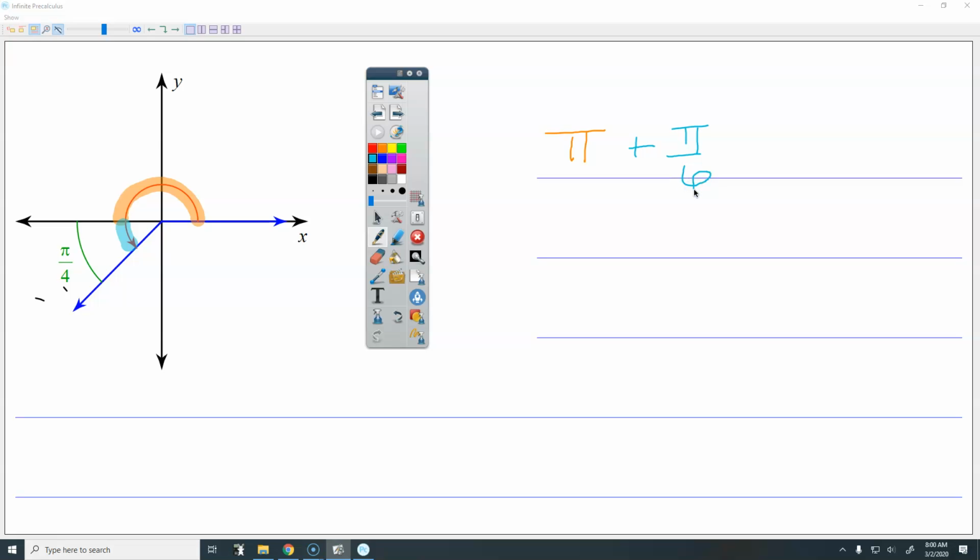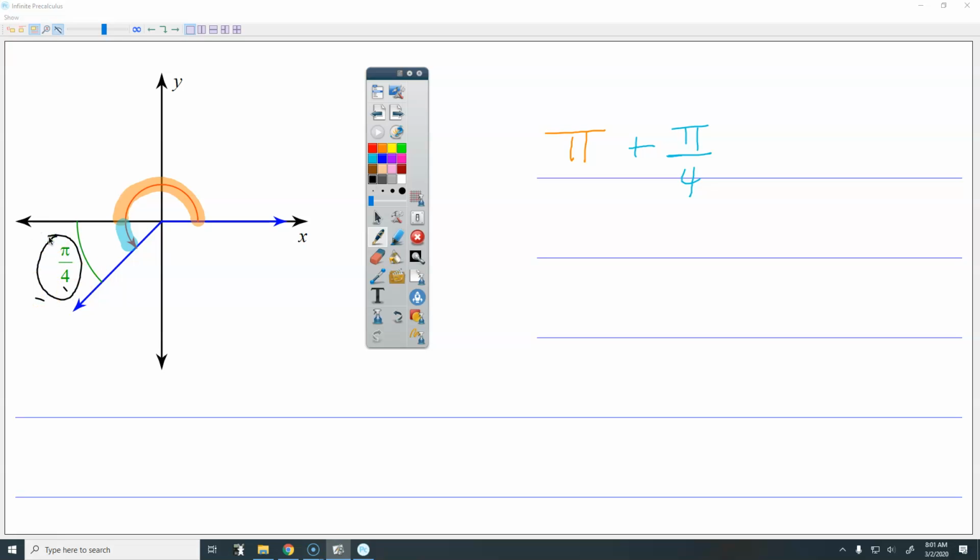Once again, you got to get that common denominator. Oh, yeah. Why did I put 6? You're right, Melanie. Thank you. It's pi over 4, not pi over 6. They tell you.